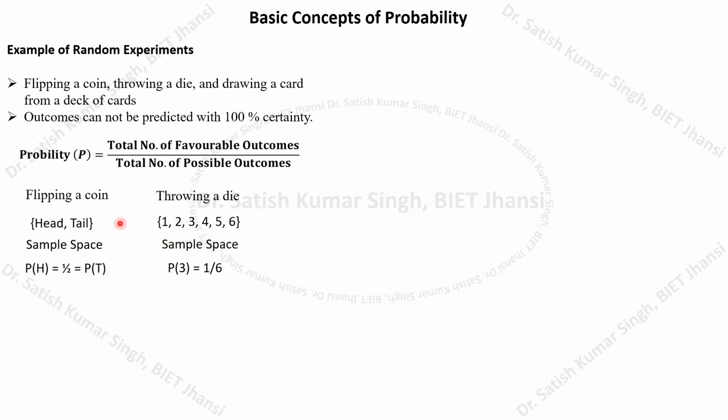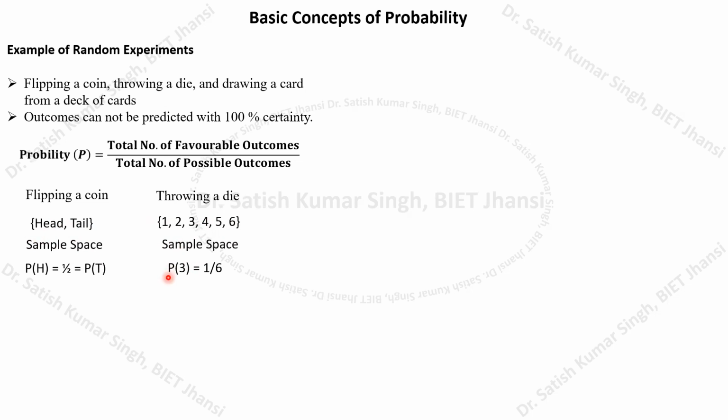Similarly, if we consider the experiment of throwing a die, there are a total of 6 possible outcomes: 1, 2, 3, 4, 5, 6. The total set of possible outcomes of a random experiment is known as the sample space. Here there are 2 possible outcomes, head and tail, which form the sample space, and for the die experiment, these 6 numbers form the sample space.